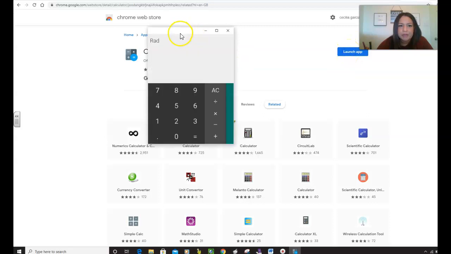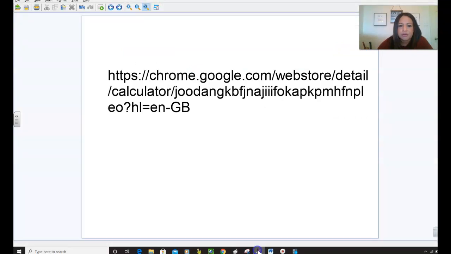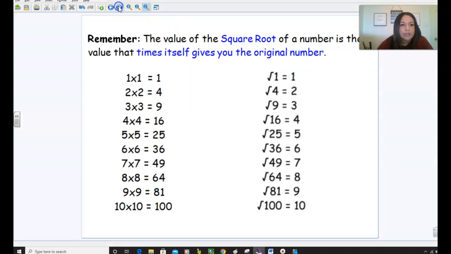I have it pinned on my toolbar at the bottom, so I'm just going to minimize it and take it out whenever I need it. That's just in case you don't have your cell phone or something like that. All right, let's go ahead and move on.